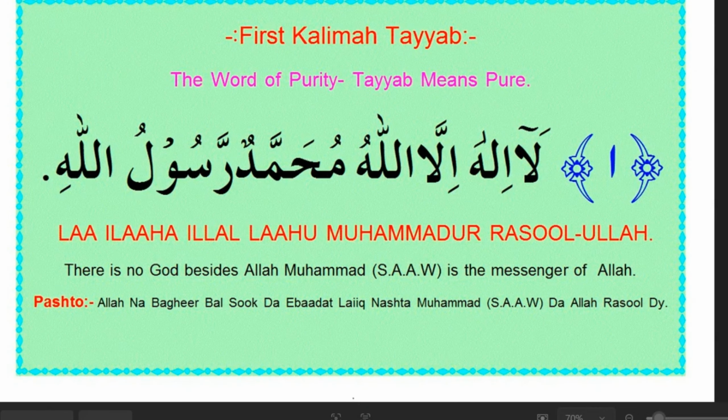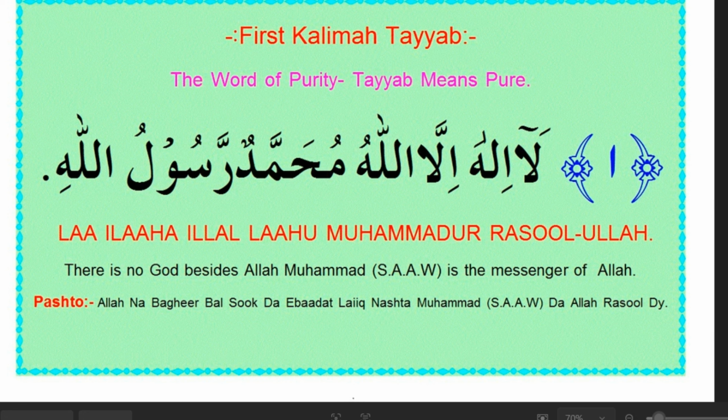Okay. So in the first lesson we learned about kalima number one, which is La ilaha illallah Muhammadur Rasulullah. What is La ilaha illallah Muhammadur Rasulullah?